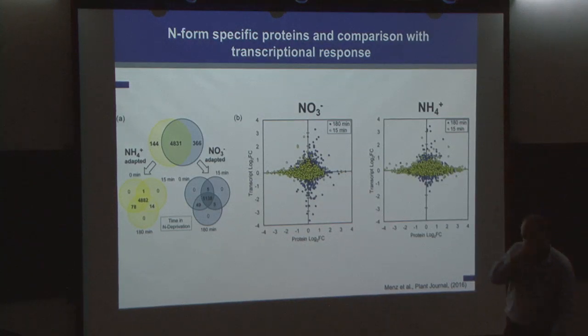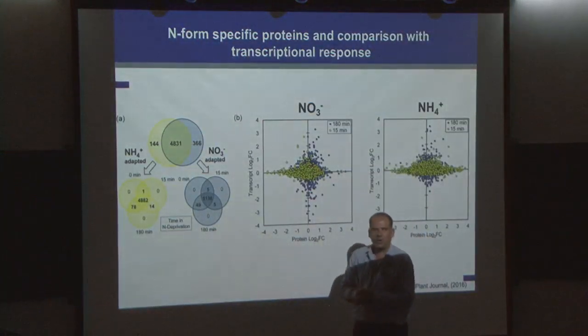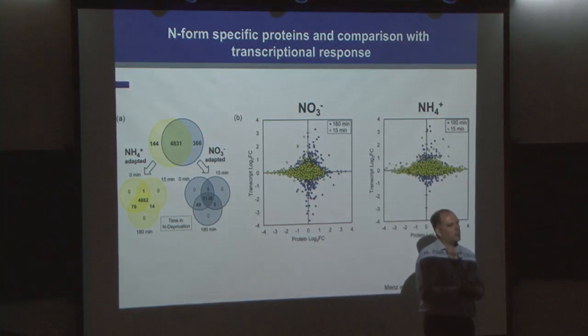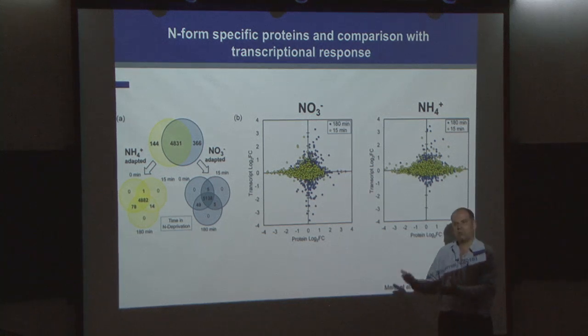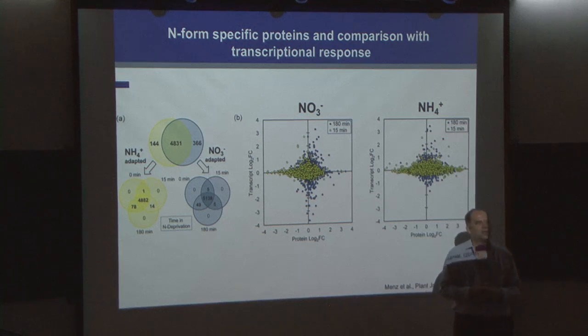So with that, we were already quite happy to have this transcriptional regulation, but when you want to really understand how the metabolism works and adapts to low ammonium or low nitrate, you also have to look at the metabolome or the proteome. Why the proteome?